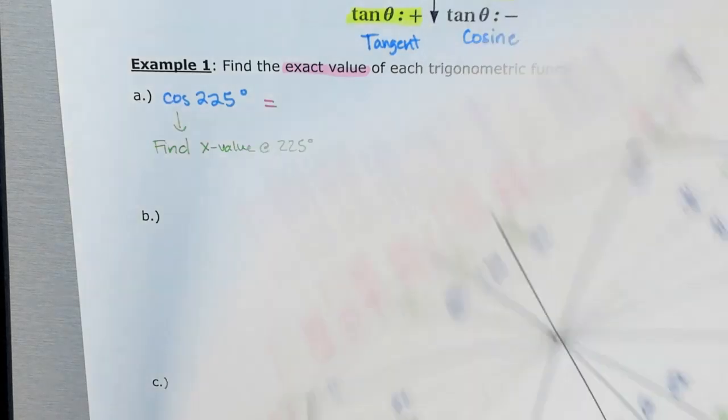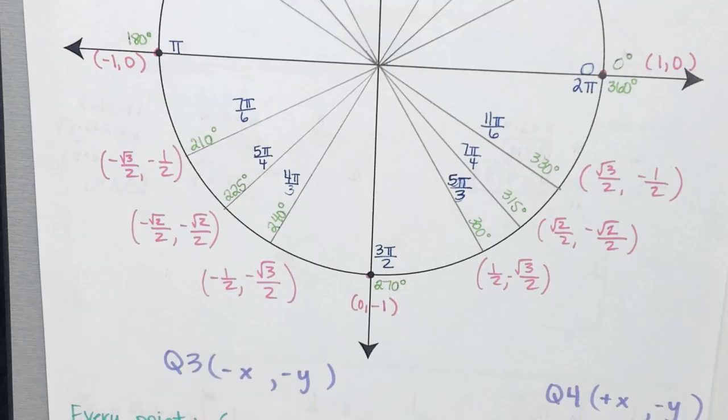Okay, if you're looking for 225 degrees, where did you find it? In what quadrant? Okay, and then what was your x coordinate? Negative root 2 over 2. Okay, so that is going to be your final answer.